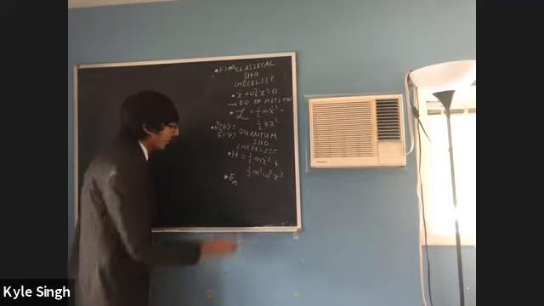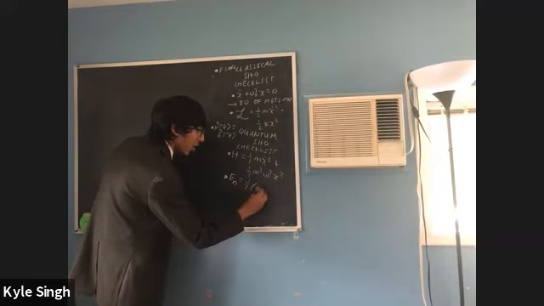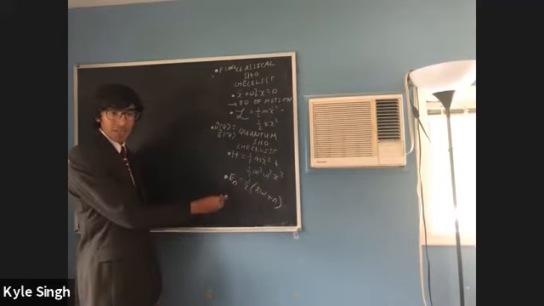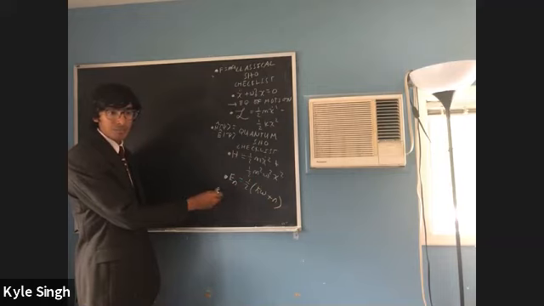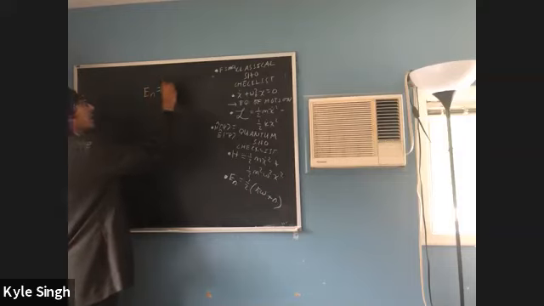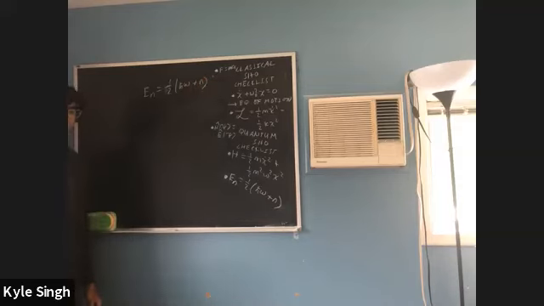Equals, what did we get? We got 1/2 h bar omega plus n. That's what we derived. I'll write it bigger. E_n equals h bar omega times (n plus 1/2).